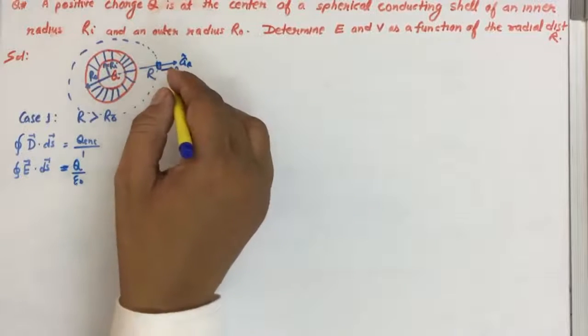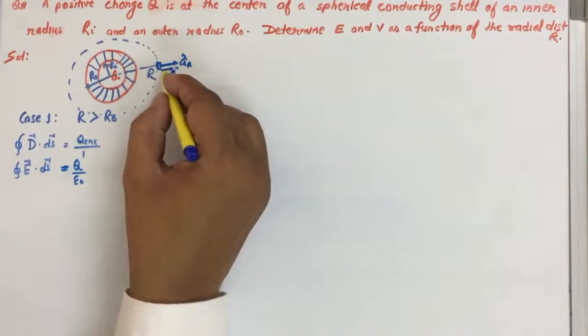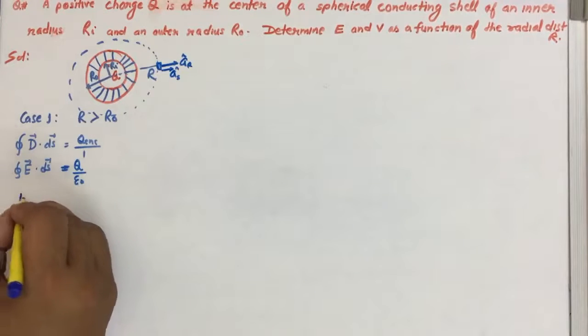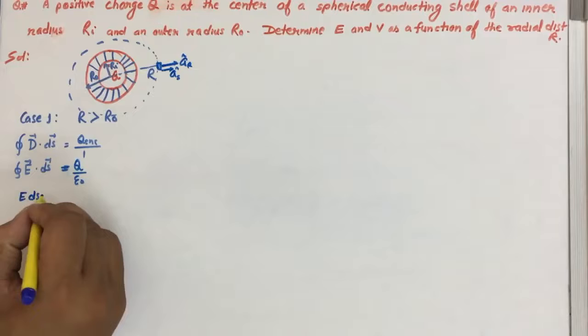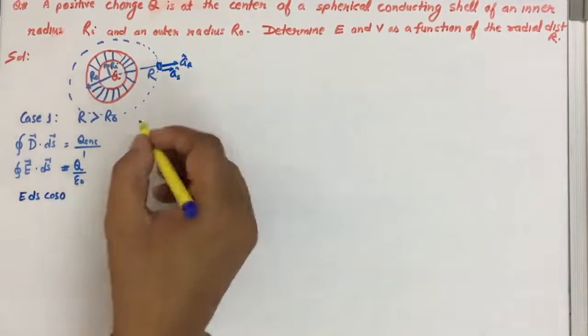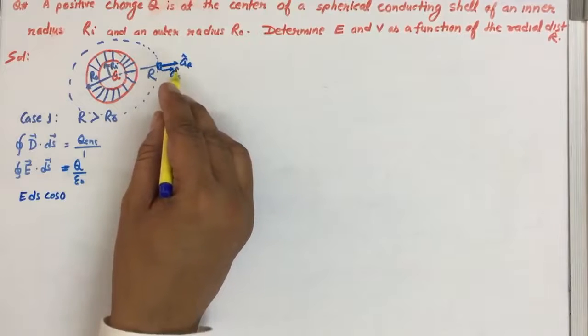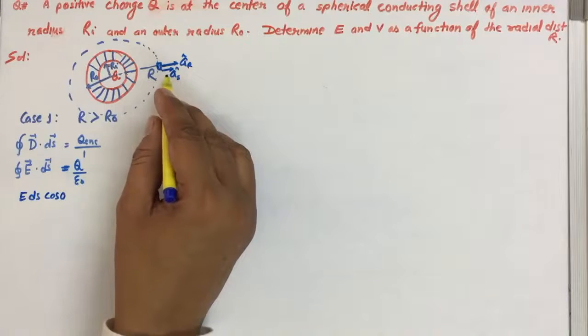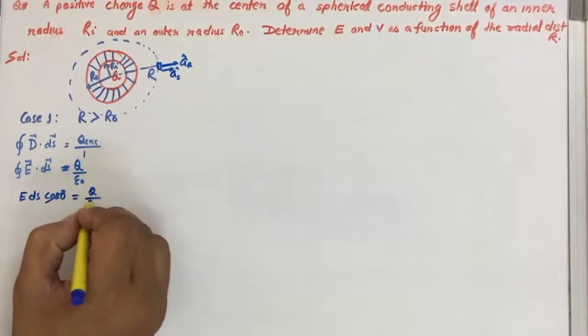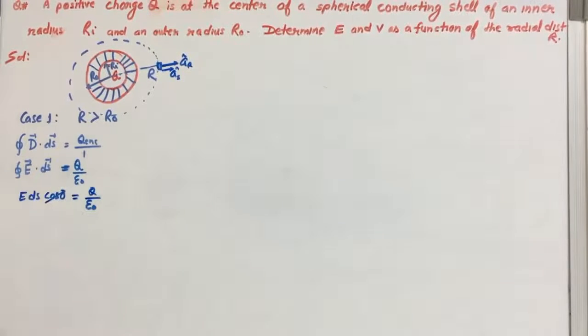So from here we find that E and the surface vector are both in the same direction. So E dot dS will be cos 0. The direction of both is the same, the angle between them will be 0, so it will give you 1, and that will include the full charge.